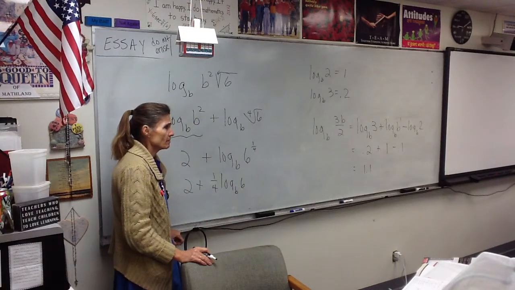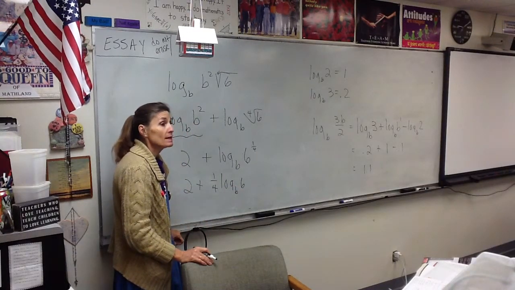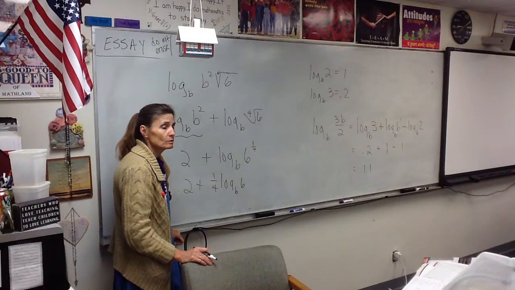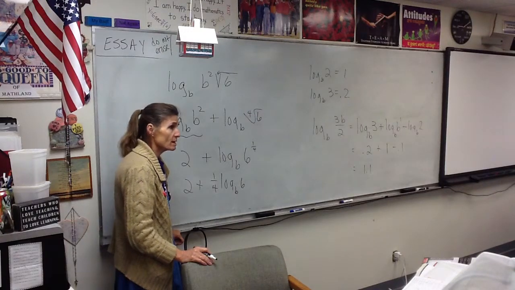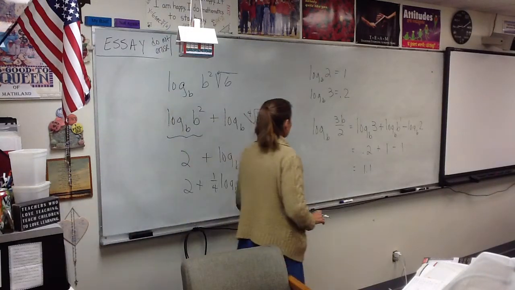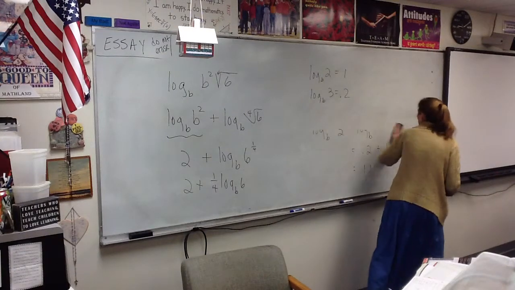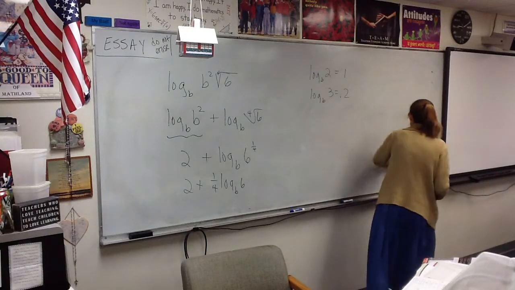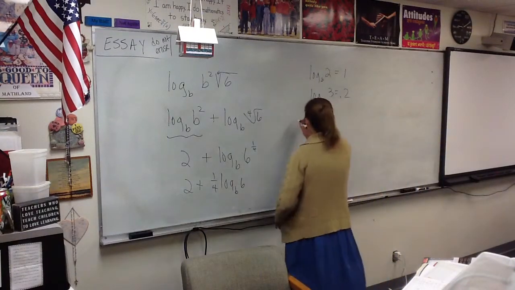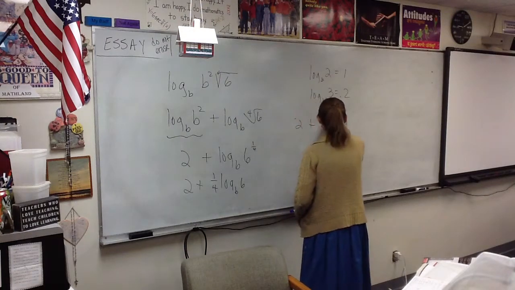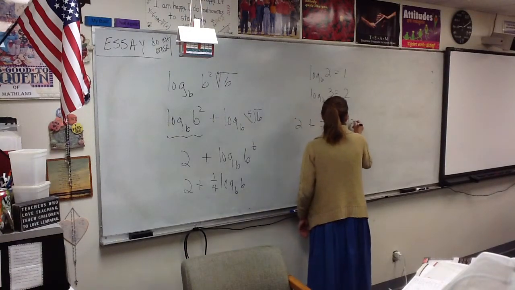What am I going to do with that? No, it's not 2 cubed. What's 6? Not 2 cubed. 2 times 3. So I'm going to rewrite the 6 as 2 times 3. Now, for those of you that are wondering, why are you doing that?